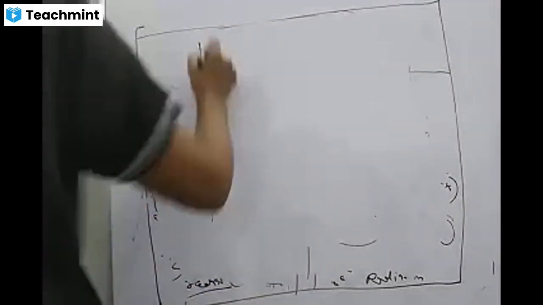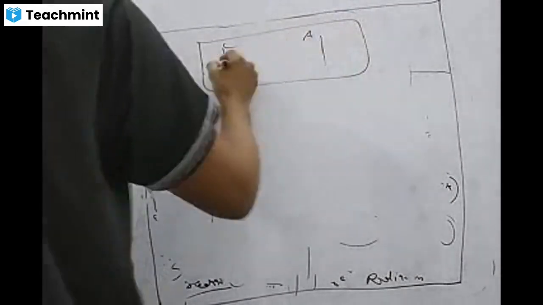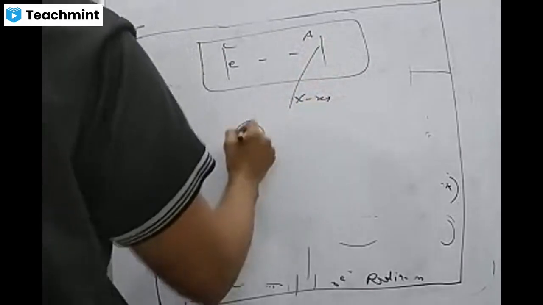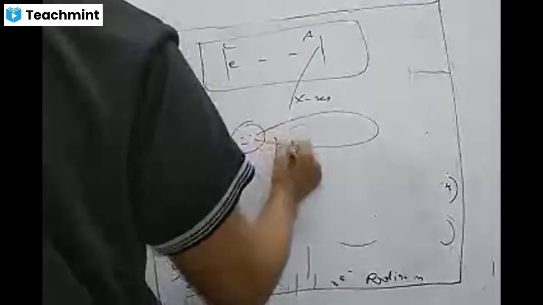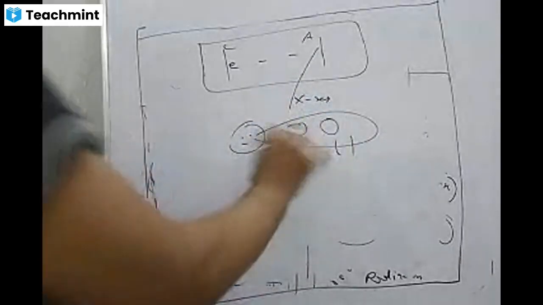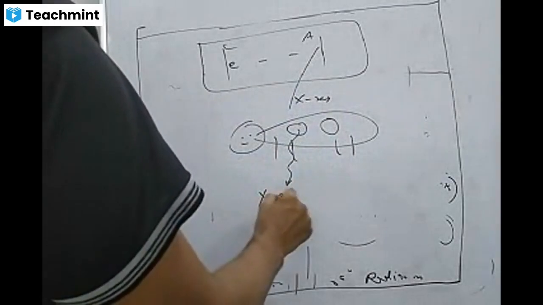So what we have started, this was our X-ray tube, cathode, anode. From this what comes out? X-ray, and they interact with the animal body. So with this interaction, what comes out? X-rays come out.